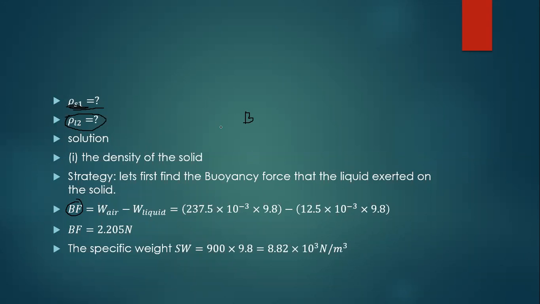Now, this is only for an object which is floating. When an object is floating, that is only when the summation of forces in the y-axis is equal to 0. And that is the only time we can find our buoyancy force being equal to the weight.